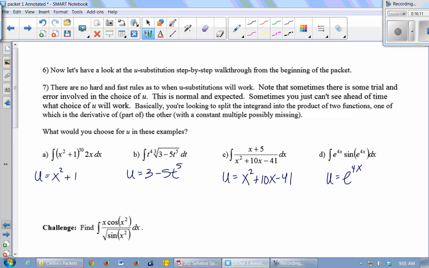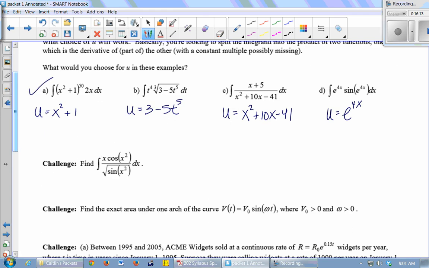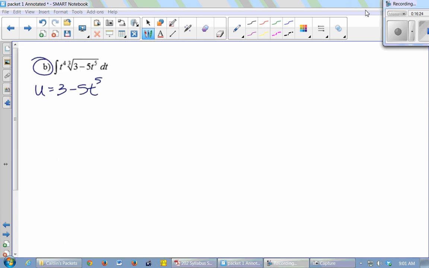Okay, so maybe we should do a couple of these. We did this one. Let's look at B. Let's finish this problem. We've chosen u. We're going to finish the substitution. Let's calculate du dx. So what would du dx be? Negative 25t to the 4th.